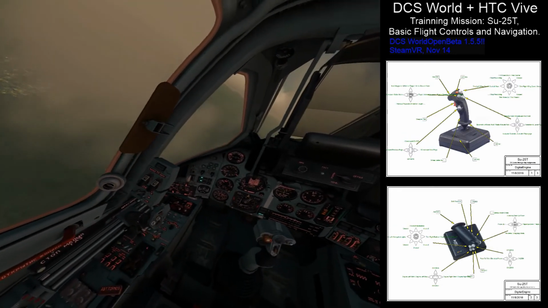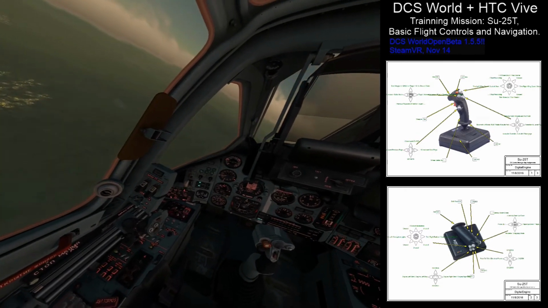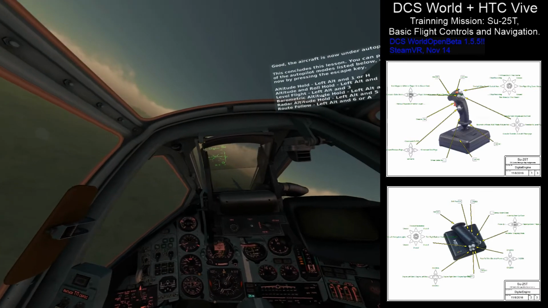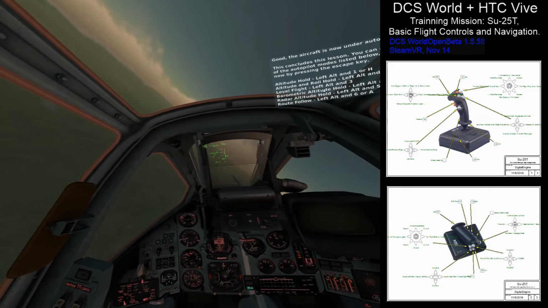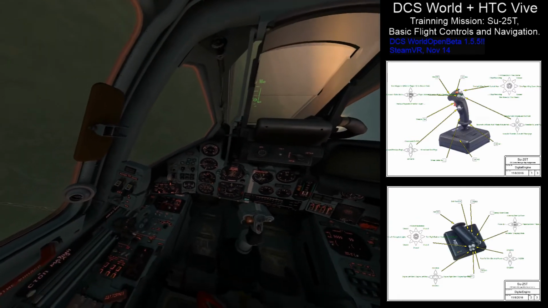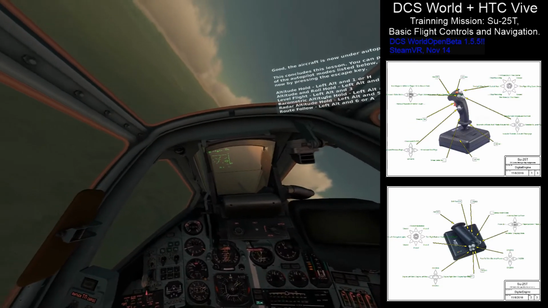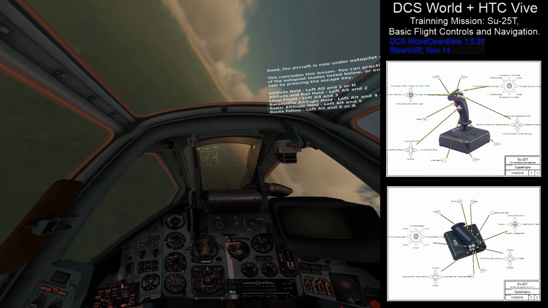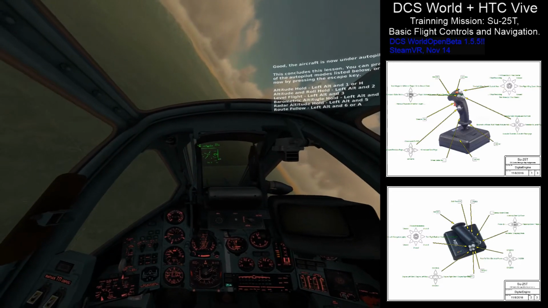And disconnect our autopilot. And let's get down to where our radar altimeter is engaged, which I believe is 1,500 meters.